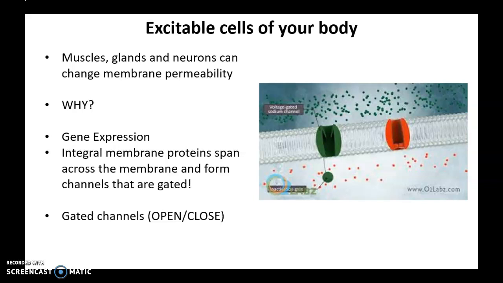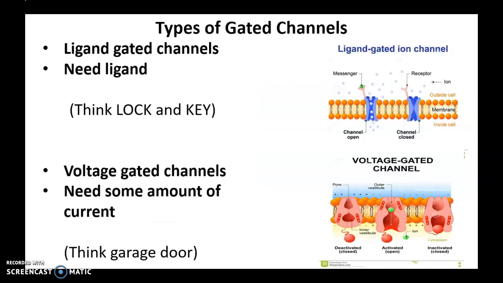They express genes that lead to proteins that are integral proteins which span across the membrane, and these proteins create channels, and these channels are gated, meaning these channels can open and close just like we open and close the doors of our houses, and that causes these cells to be excitable. As these channels open, different ions can move either inside or outside, leading to change in membrane potential of these specific cells.